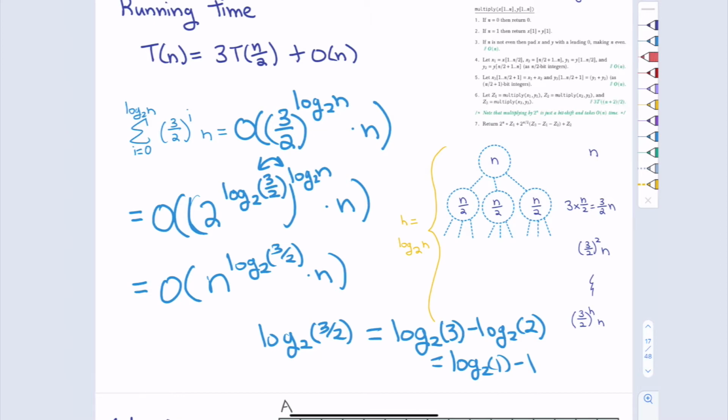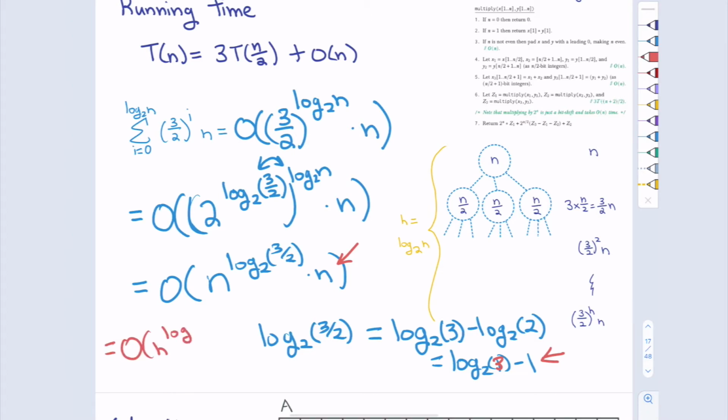And so in that coefficient, this minus 1 is going to cancel out with this n. Isn't it log base 2 of 3? Yes. But the minus 1 sitting in that exponent will cancel out with that n that was sitting there the whole time, since n is n to the 1. Okay, n to the log base 2 of 3.